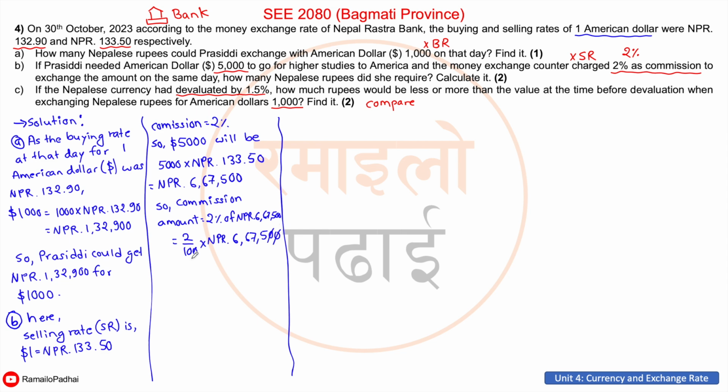This zero will cut these zeros, and this will give us 13,350 rupees as the commission.